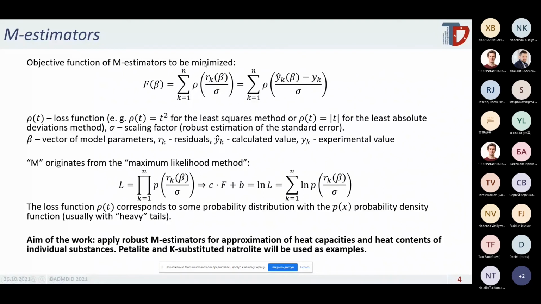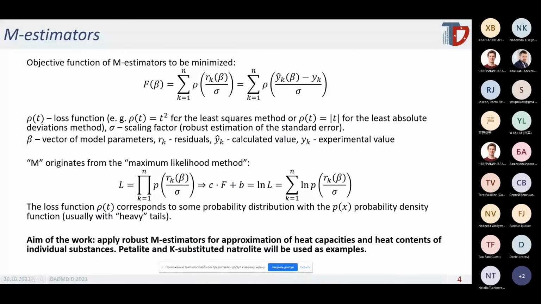M estimators are based on such a sum, where r are residuals and ρ is a loss function. It's evident that the least squares method is just a specific case of an M estimator. We just take the ρ function as t squared and obtain the least squares method.